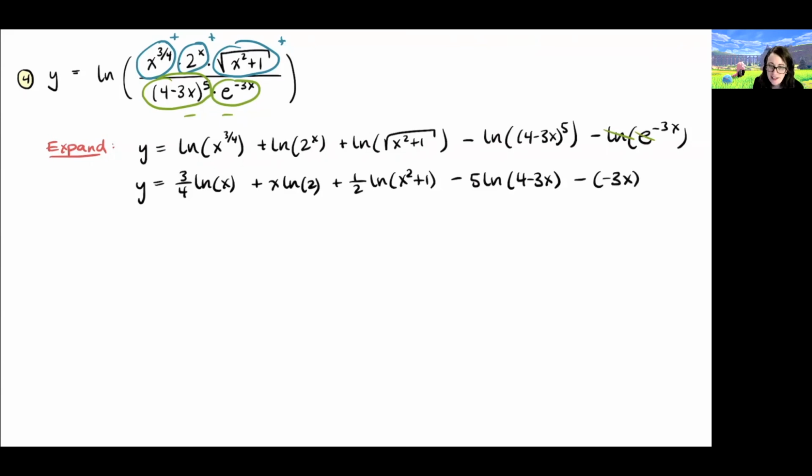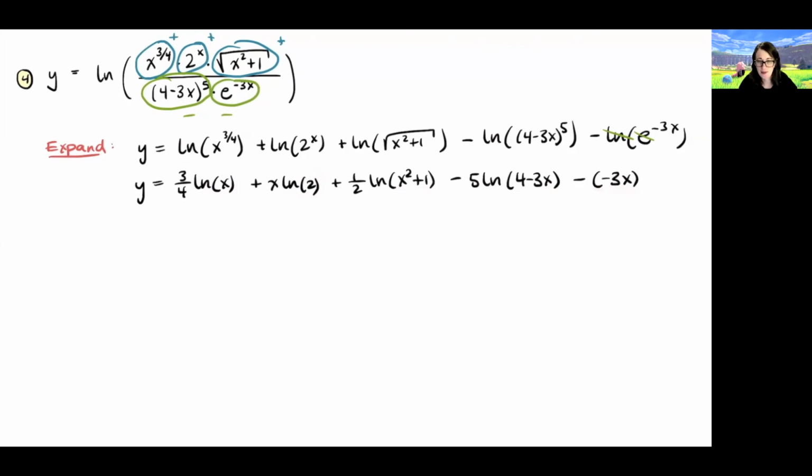Okay, quick scan here to see what's going on. Look inside of your natural logs. We've got x, very simple. 2, simple. x squared plus 1, can that factor at all? Nope, sum of two squares cannot factor, so this is as good as it's going to get. 4 minus 3x, that's good, and that's totally fine, not even a natural log there.